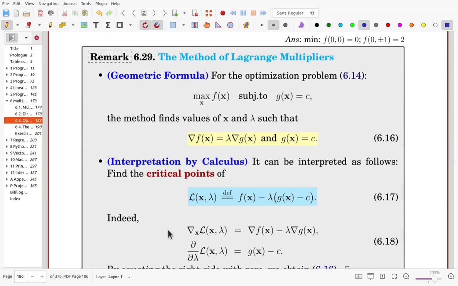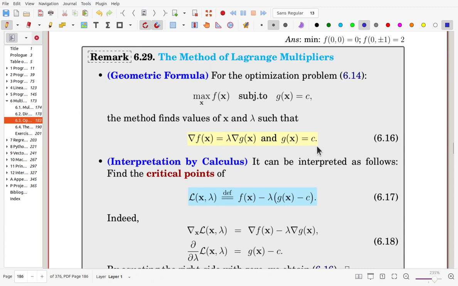Here we look at the method of Lagrange multipliers from a different angle. For the optimization problem, maximum of f subject to g of x equals c, the method finds values of x and lambda satisfying this equation.